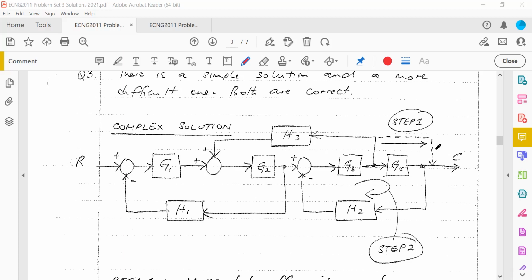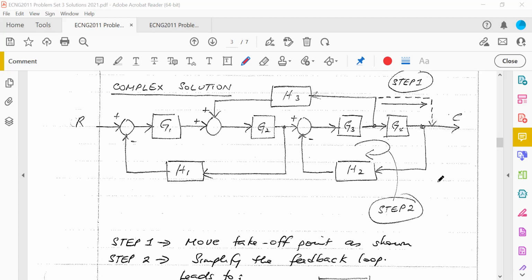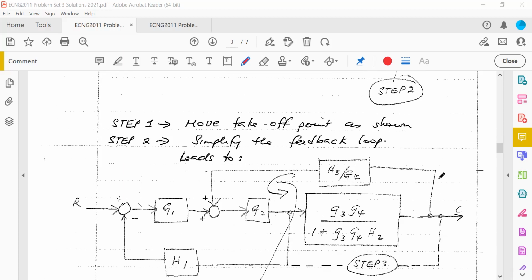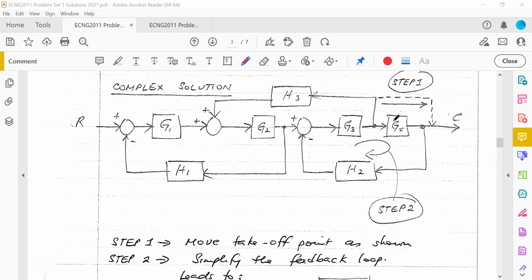Right? Once I do that by moving it after, I have to put in a block here to compensate, because whatever I'm taking off from here was multiplied by G4, so therefore I have to divide by G4, and we went through that. So if I move the first takeoff point past G4, then I am in a position now to simplify that set of blocks, say it's a negative feedback.